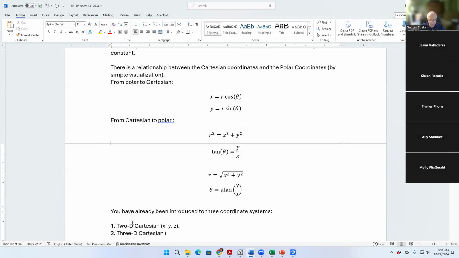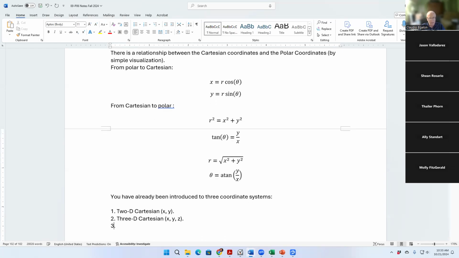Oh, sorry, 2D Cartesian doesn't have a Z here. 3D Cartesian: X, Y, and Z, okay? And 2D polar, R and theta.